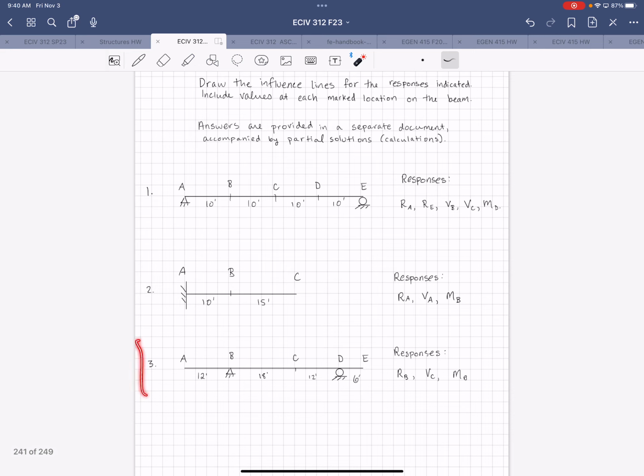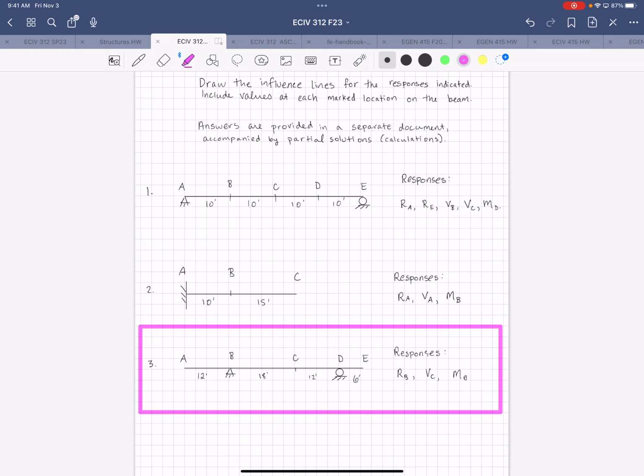This time, I'd like you to think about the shear at C. Since we didn't do shear, take a minute and practice on this one. And in order to get that, you will need one of the reaction influence lines.